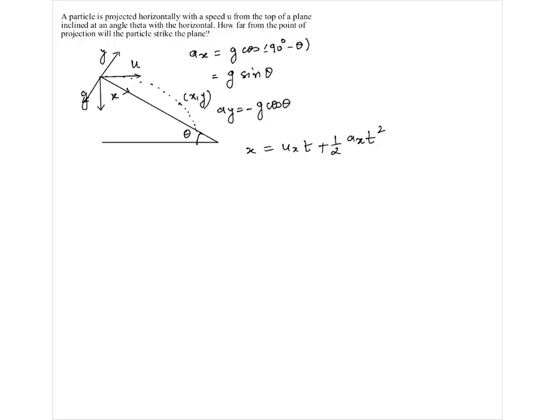How much is ux? What is the x component of u? Let me know when you work it out.